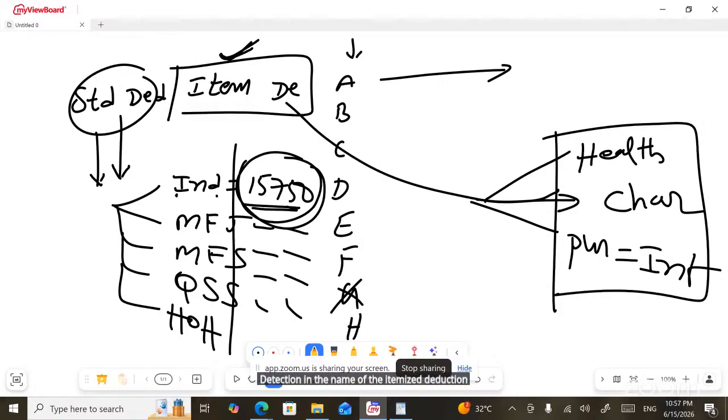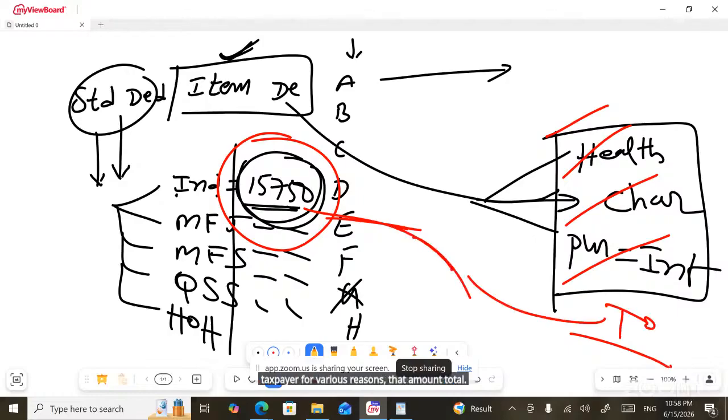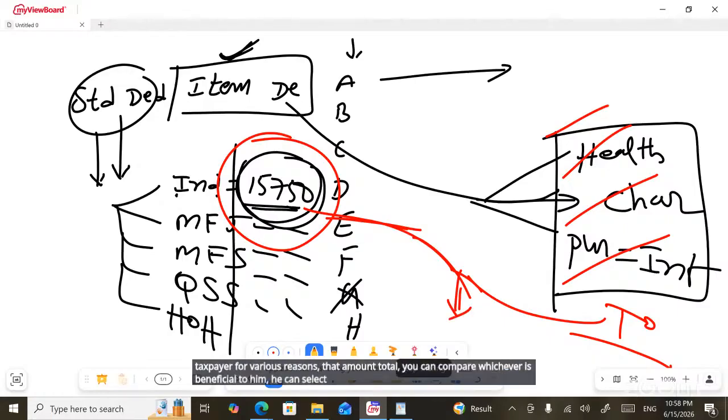So the taxpayer has the option to decide whether to claim the 15,750 fixed amount by the act, or the various payments he made for various reasons. He can compare the total amounts, and whichever is beneficial to him, he can finally select either standard deduction or itemized deduction at his choice.